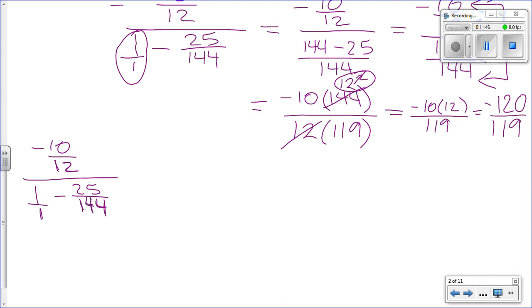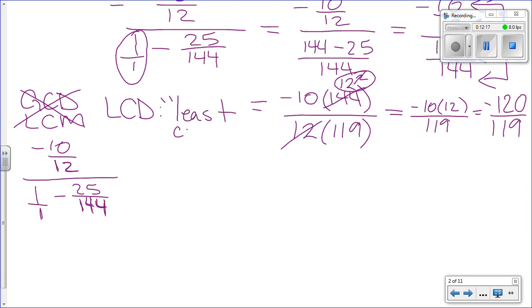I get those confused, the GCD and LCM. It's actually the LCD, the least common denominator. I just get all three of these mixed up.